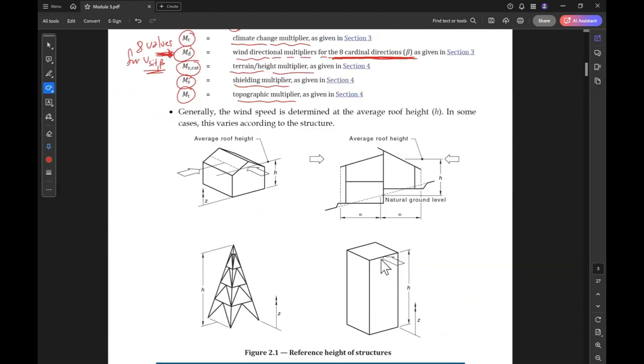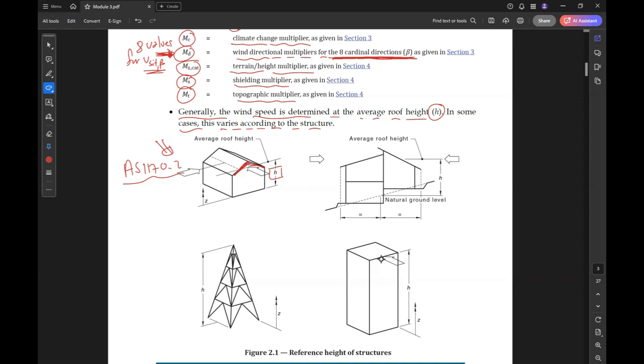So here, generally, the wind speed is determined at the average roof height of the building. In some cases, this varies according to the structure. So the standard also gives us how to find it, because the height is essential in the calculation. For example, if we have a gable roof, this is H, the middle height of the roof.